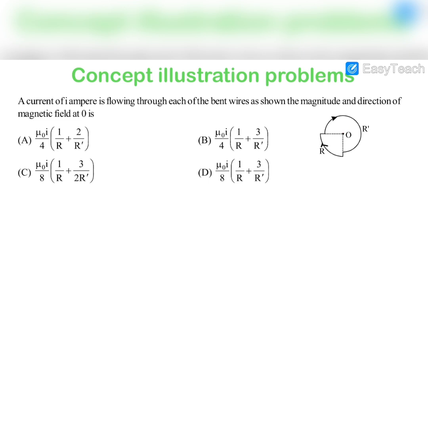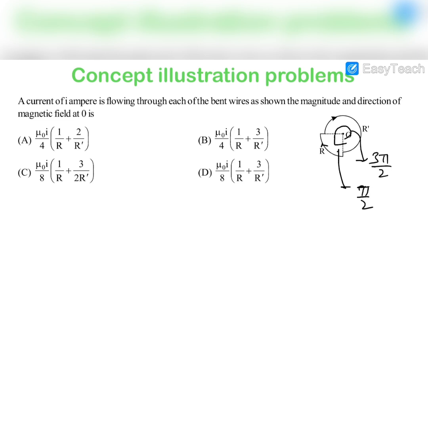Now obviously, we know that this angle is 3 pi by 2, and this angle is pi by 2. And we can say that the direction of magnetic field due to both of these arcs will be same.